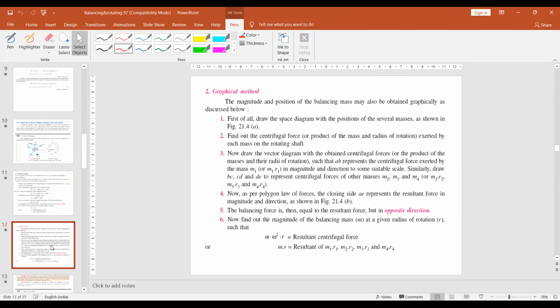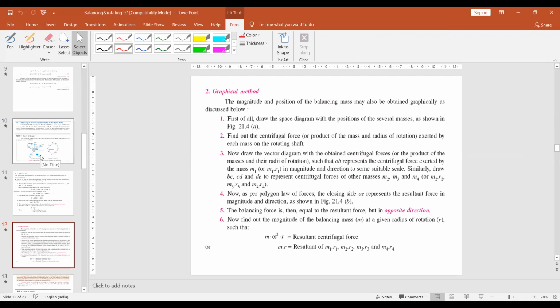When we have found the products m1 r1, m2 r2, m3 r3 and m4 r4, we start our vector diagram with the help of these forces. How do we start to draw?